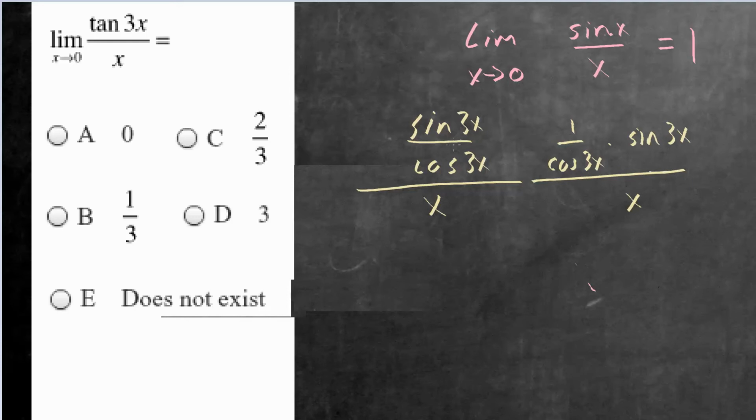All I've done is broken up that numerator. Now I can also break up this fraction, almost pretending there's a gap here and there's a 1 times x here. I can make it 1 over cosine 3x times sine of 3x over x.